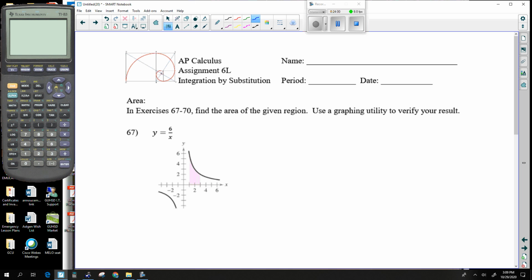Okay, I don't know if you can quite see it, but the edges are right there and right there. So that goes from 1 to 3.